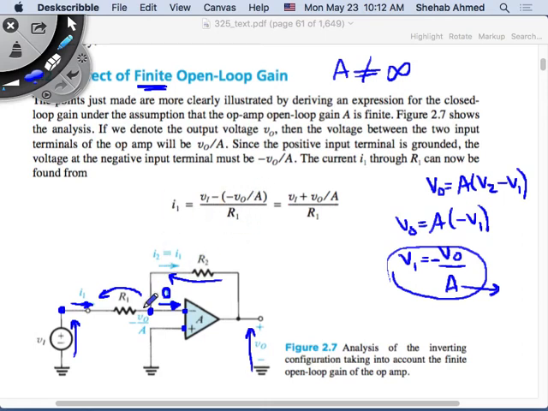That is the current coming into this circuit that I created. If A goes to infinity, what do I get? I get the previous analysis. This goes away, and the input current is equal to VI over R1. Which tells me I'm on the right path, right? So I input is equal to VI plus V0 over A, divided by R1.